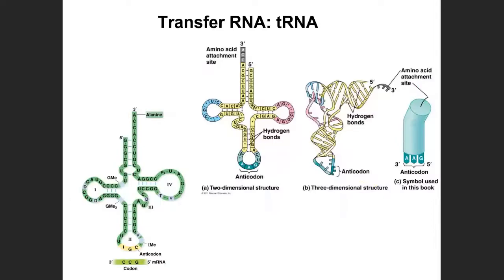Well, what they discovered is that tRNA, or transfer RNA, also has its own type of base triplet, except its base triplet is called an anticodon. So you can see here where they keep repeating anticodon. And that anticodon is going to be depicted as being on the opposite end of where the amino acid would be attached.